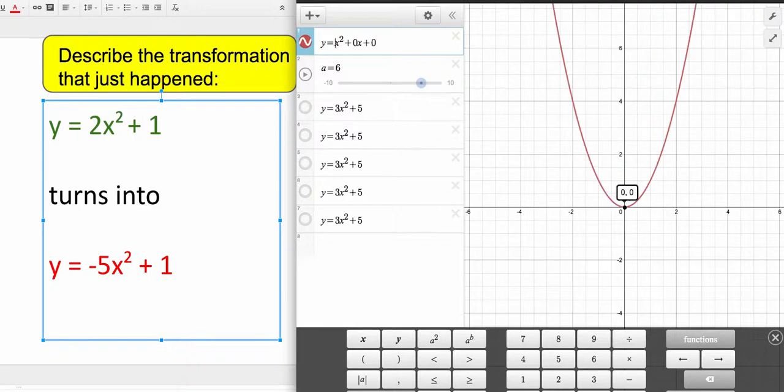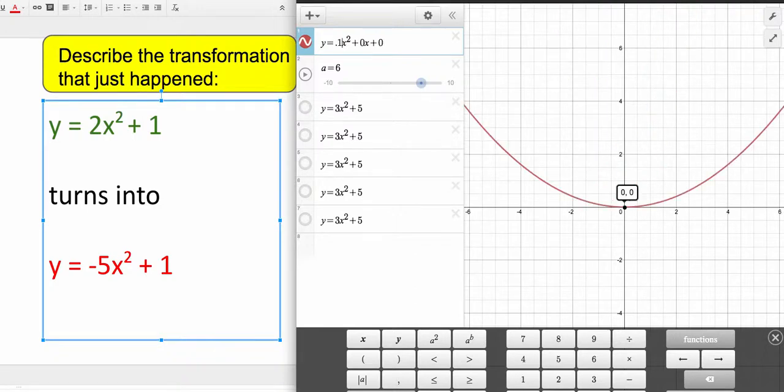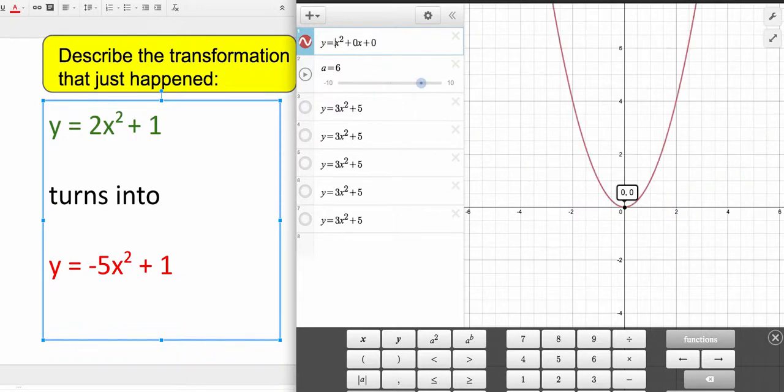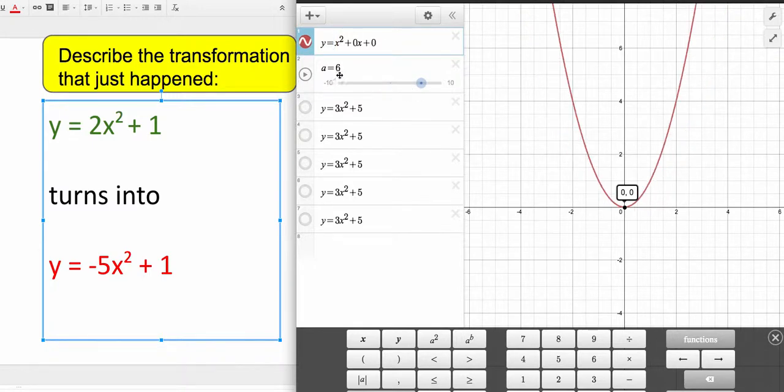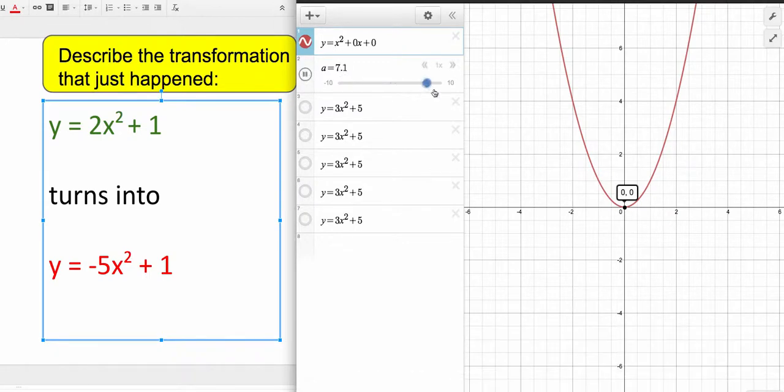Same thing if I put this as a really small number, like 0.1, which is a pretty small number, or let's say, let's do a half, right? This means that it's going to grow half as fast as x squared normally would, because every single time, whatever the x squared is, you're going to immediately multiply it by half and cut down its size. So let's just take a look at it, and I'm going to click play, and it's going to go through all the values.